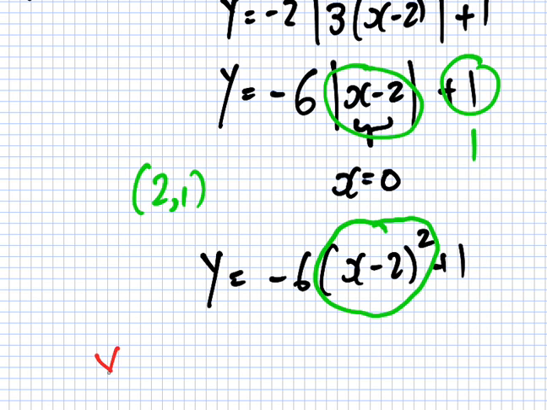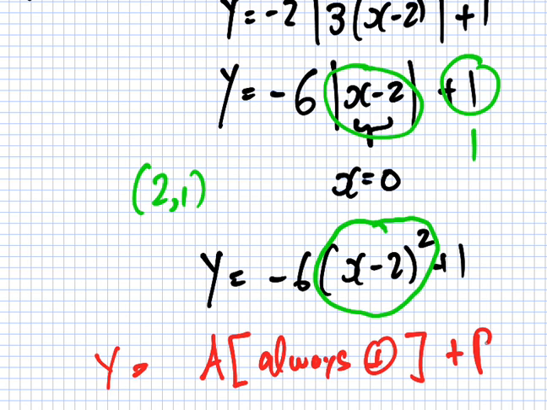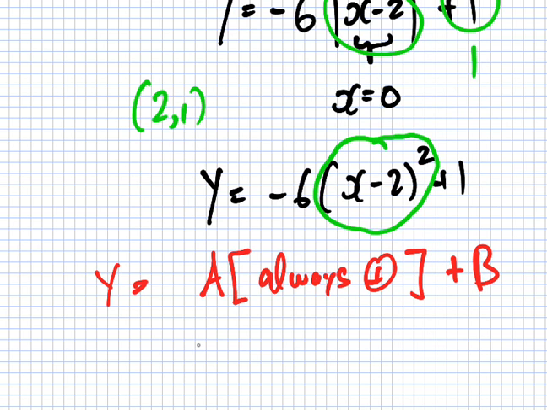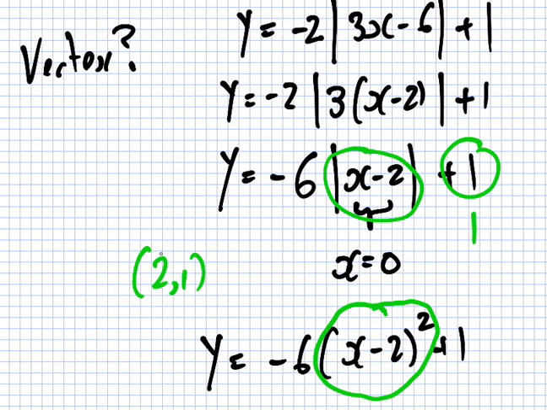If you have y equals a thing which is always positive plus a b, the vertex will always be the x that makes this 0 and then the b at the end. Just like what we did in completing the square. It's exactly the same thing as completing the square. So the vertex here is at 2, 1. We make this piece inside the absolute 0, and then we take this piece at the end for the y. No difference.